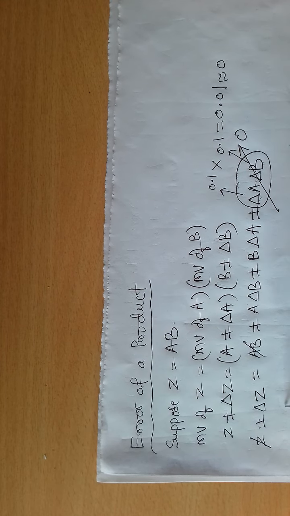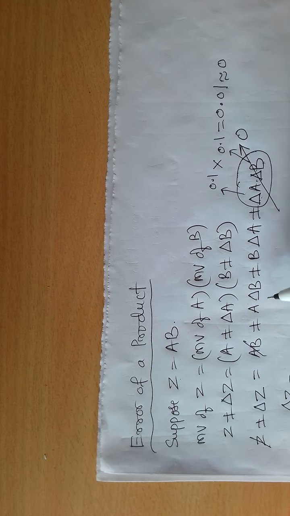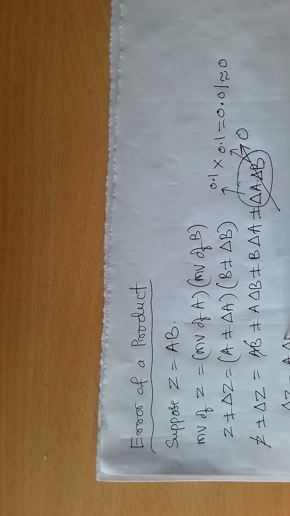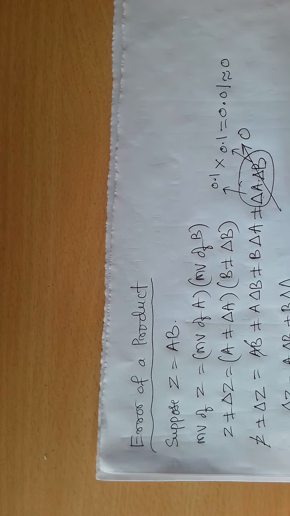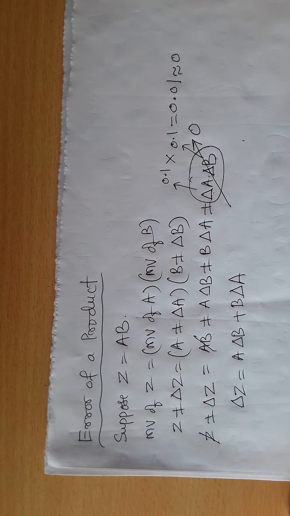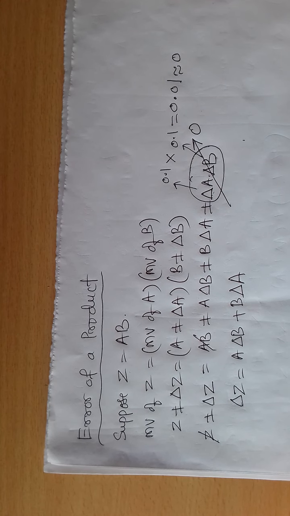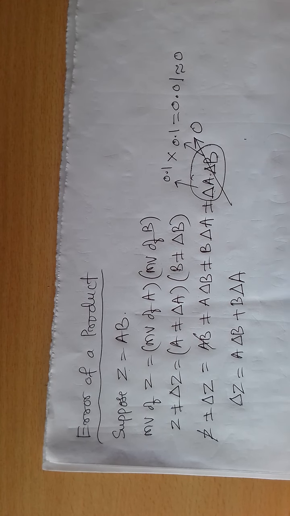Therefore, we are left with A delta B and B delta A. And we always consider maximum error, so we always take plus sign.